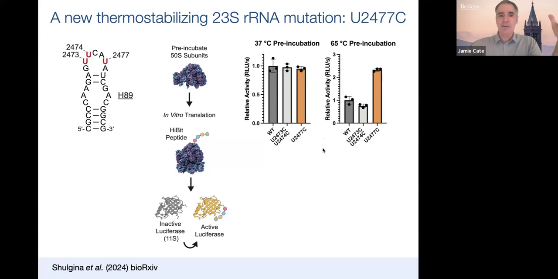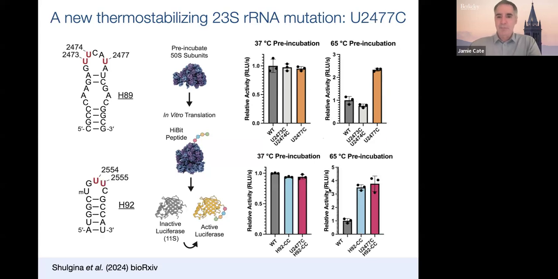So it does provide thermostability. For comparison, these are the two that we found from phylogenetics. We don't see any additional stability by adding this on top, but that could be a limitation of our experiment here. But the key point is that we are able to identify, using a deep learning model, a mutation that would make the E. coli ribosome more stable.